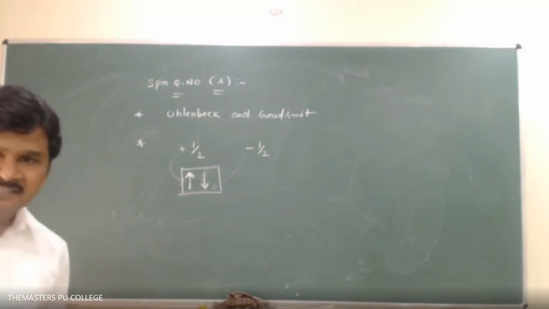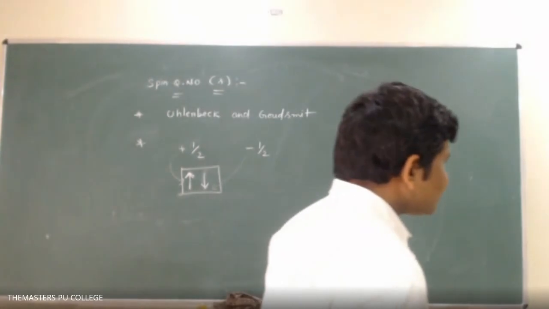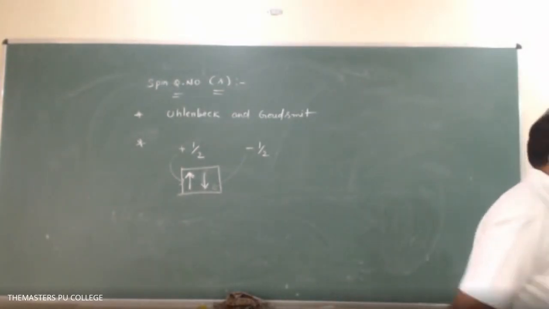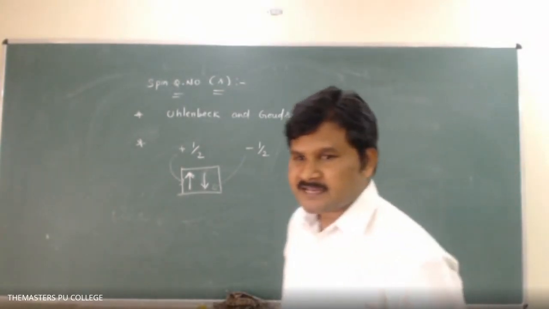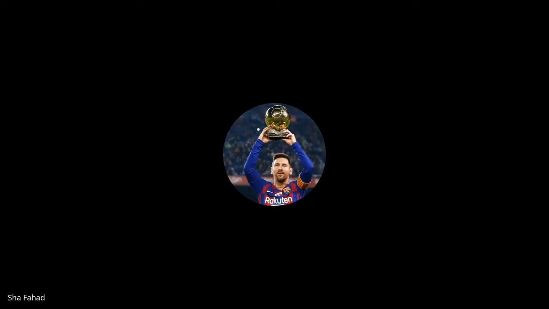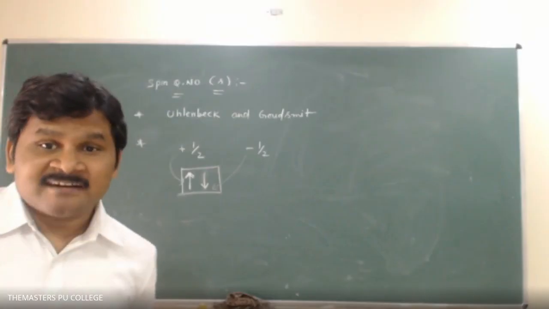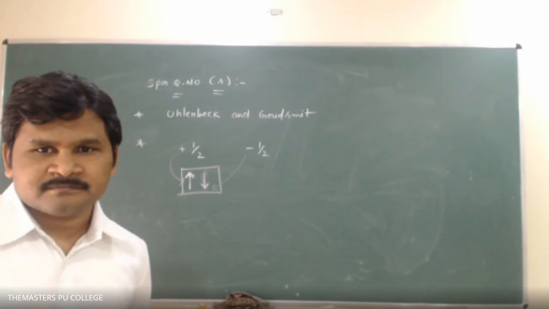This is its significance: spin quantum number indicates the direction of the spin of the electron.